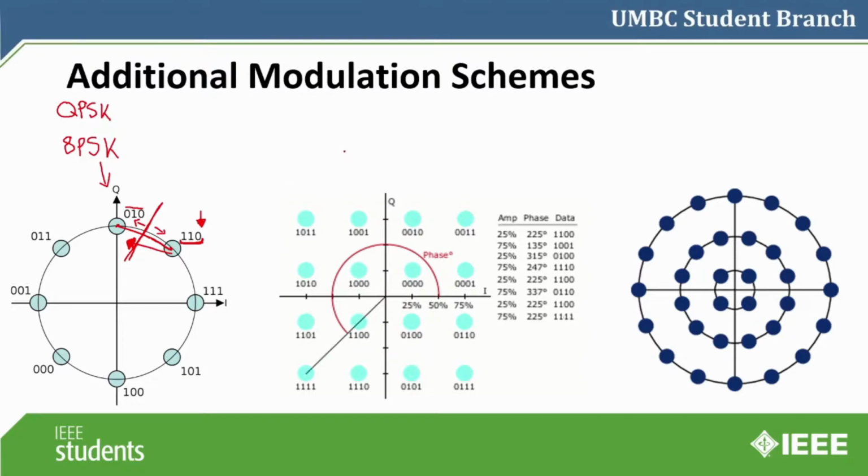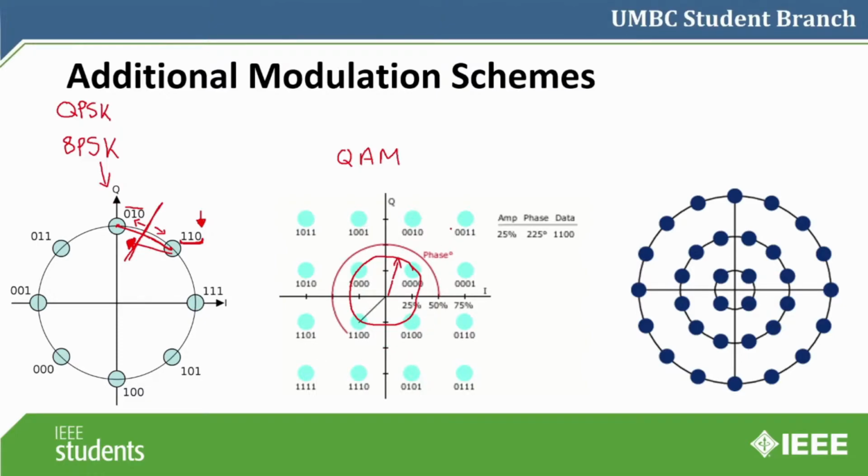There's also QAM. This is quadrature amplitude modulation. The idea here is that you are not only changing the phase of the wave, so if we just use these here, we have our QPSK, but we're also changing the amplitude of the wave, the size of this circle.